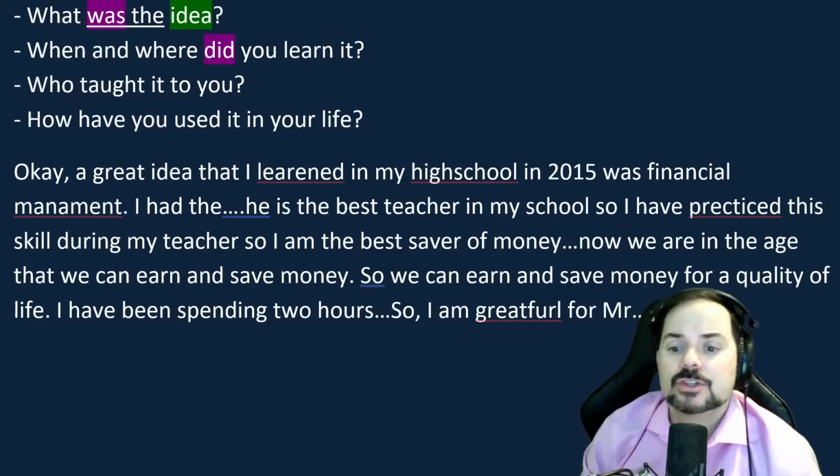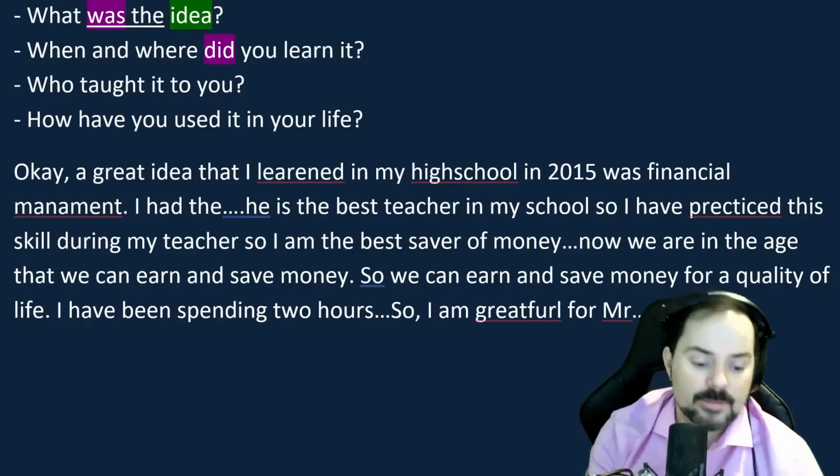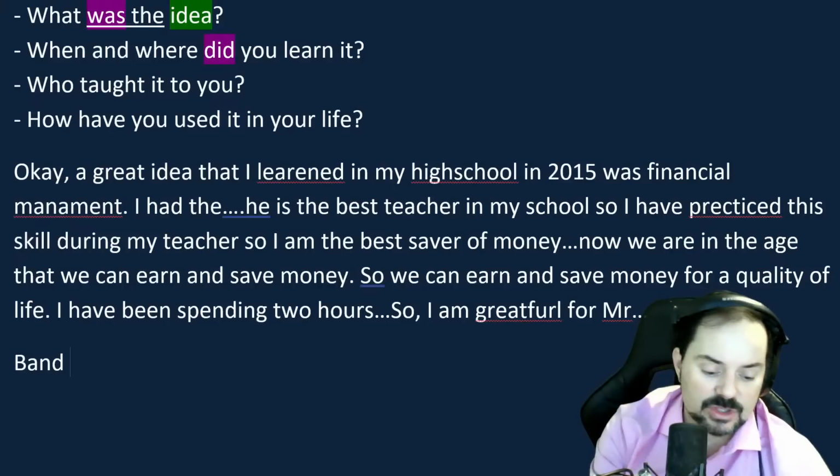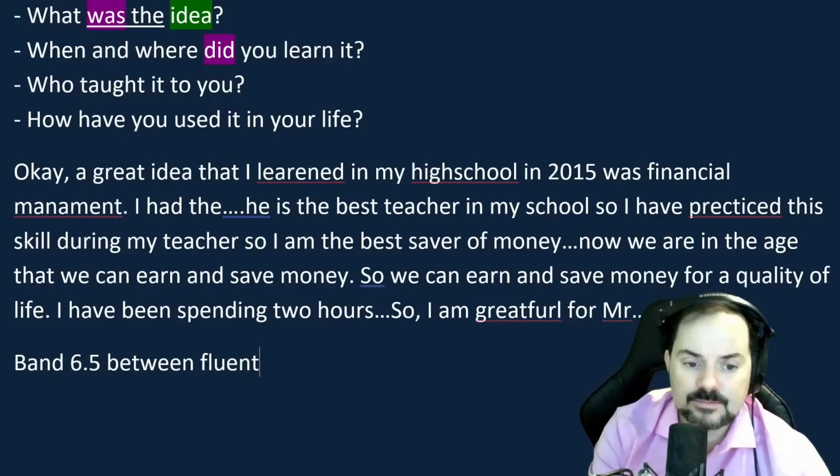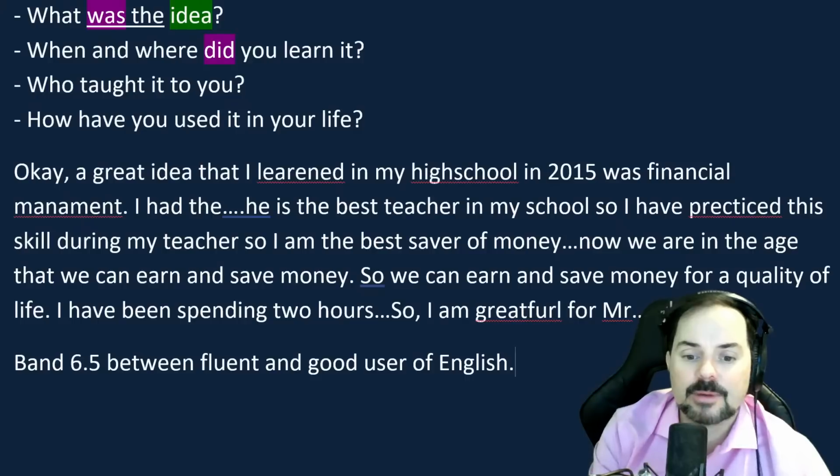Okay. So this would earn you about a band 6.5 as well. So just like with Romelia, it would be about the same. So you're somewhere between a fluent and good. Now you're probably going, why? Okay.